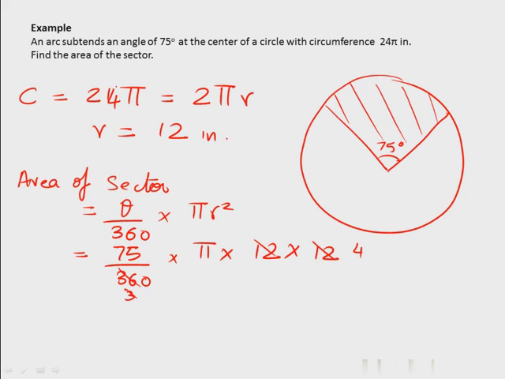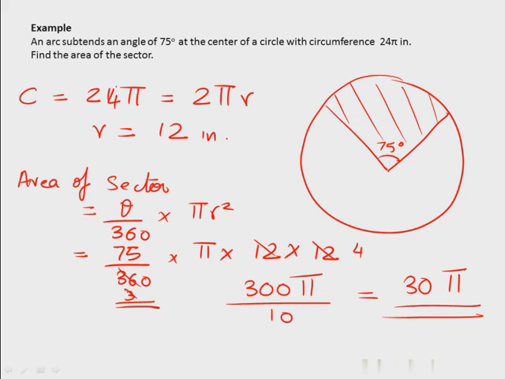So I have 75 into 4 pi. That's 300 pi divided by the 10. There's a 10 left here. That's 30 pi. So the area of the sector is 30 pi inches square.